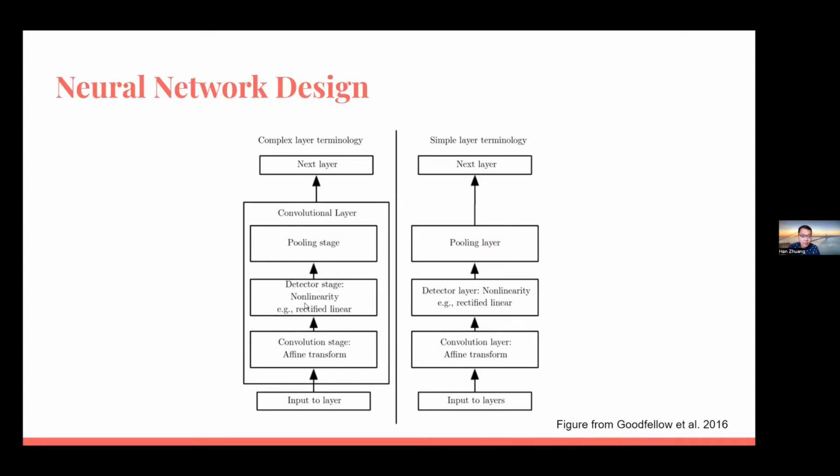We have some activation function, and after that we have the output from the activation function. We do pooling as I introduced before. So we process the output to reduce small shifts in the data. And basically, this is a convolutional layer.